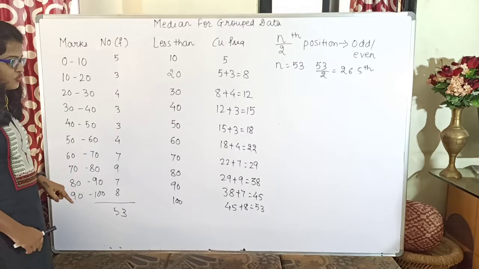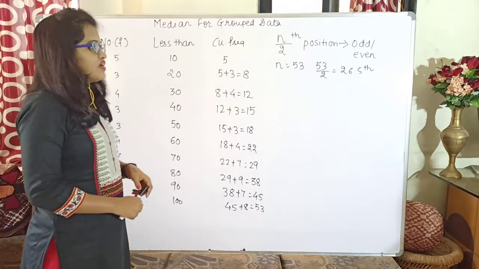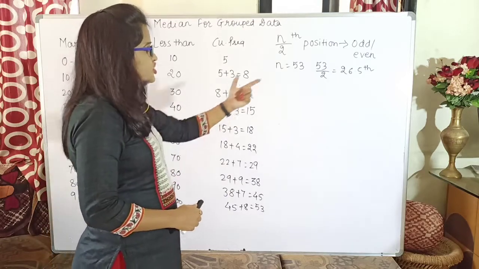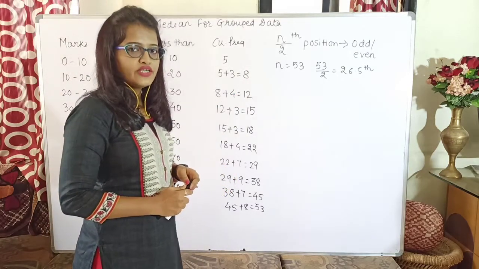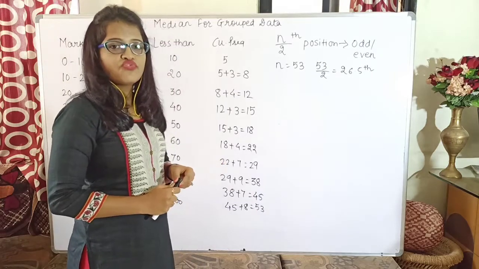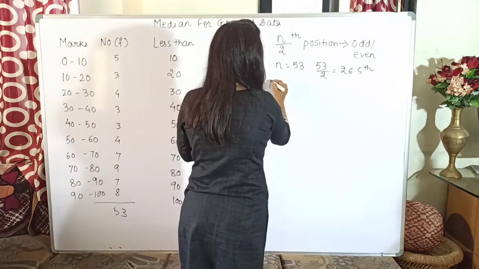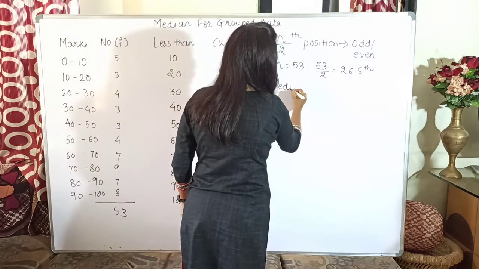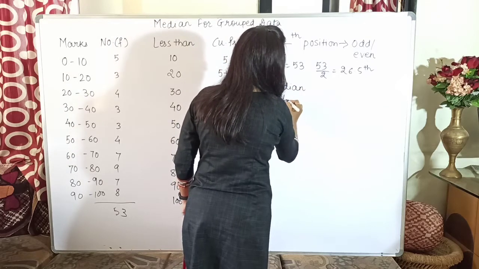Okay. So what exactly are we going to do? Once you get the value of n by 2, the next step is to find the median class. Now how to get the median class?